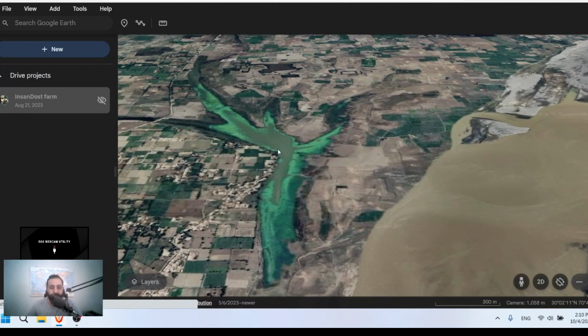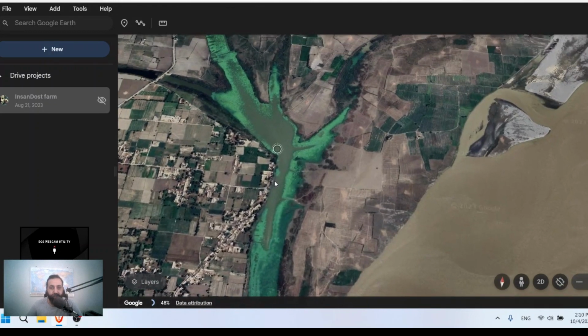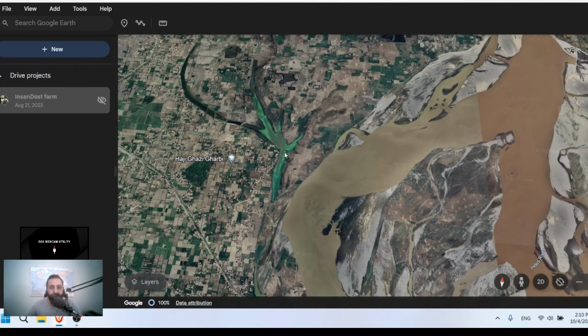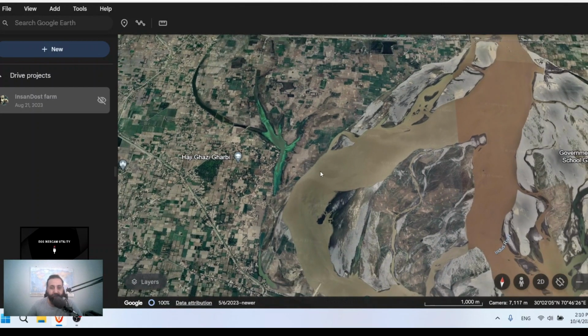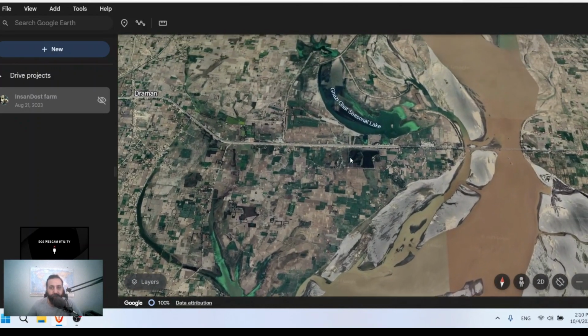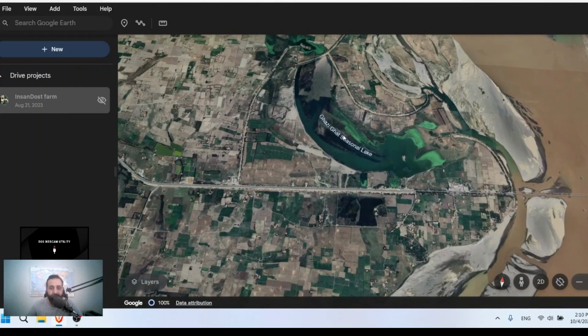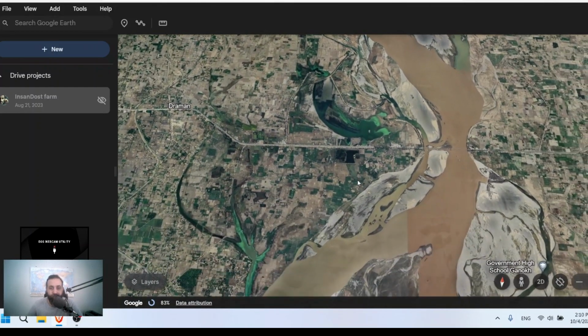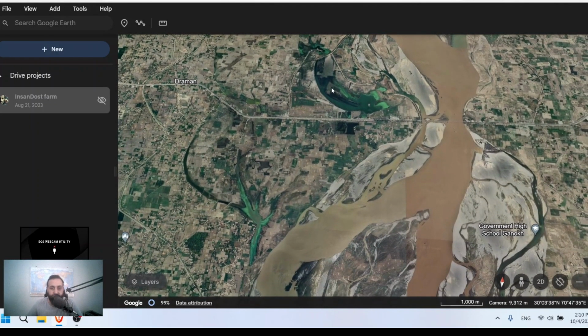These floodplains are filled by the river every summer, in the months of June and July, and they are also called seasonal lakes. We want to start the process of restoration from these spots, the seasonal lakes.